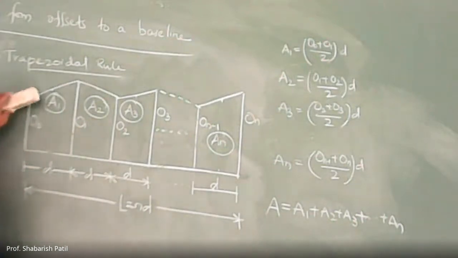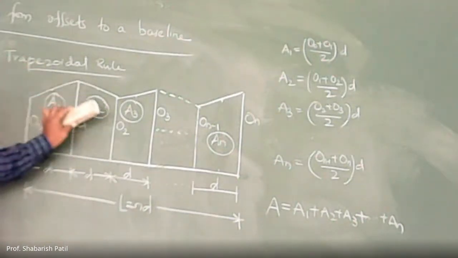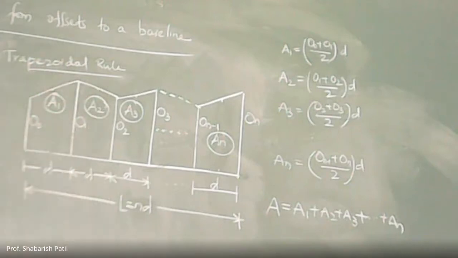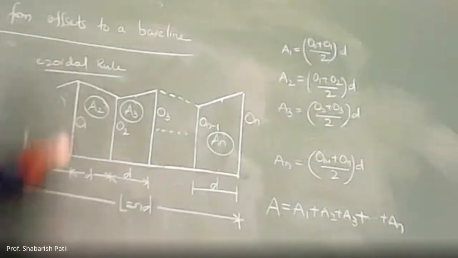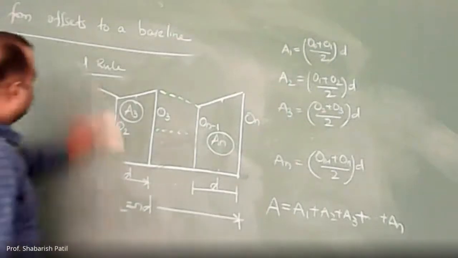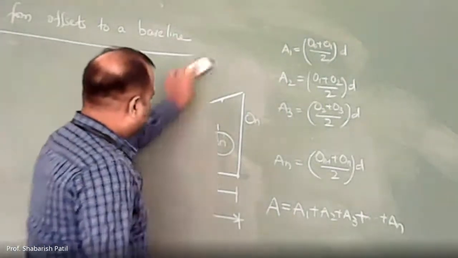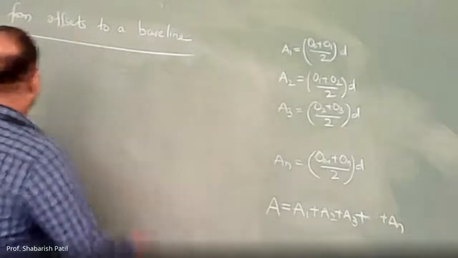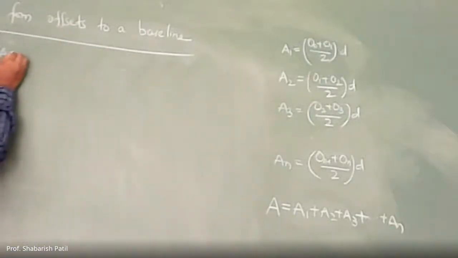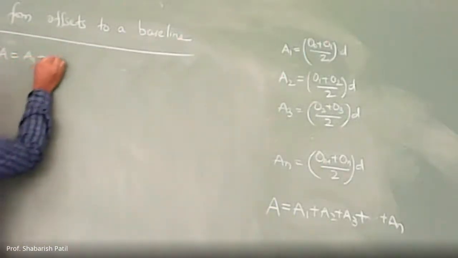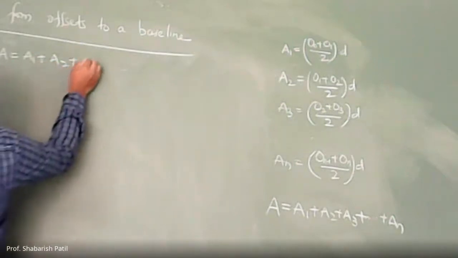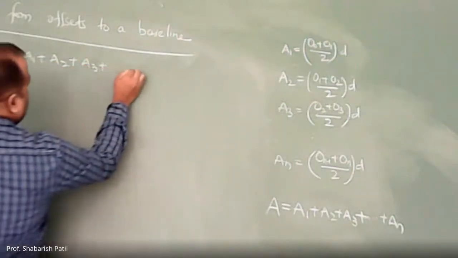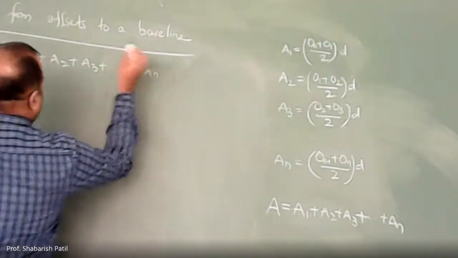I think I will erase this sketch part here. Shall I erase this part? Yes, sir. Okay. So the total area is A1 plus A2 plus A3 up to AN.